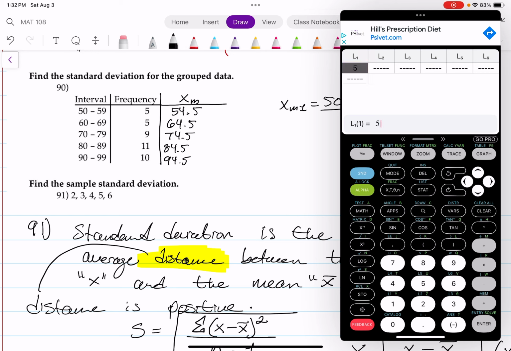So that's going to be 54.5, 74.5, 94.5. Then you're going to use your arrow, go over to list number 2, and you're going to fill in the corresponding frequencies. So that's 5, 5, 9, 11, 10.